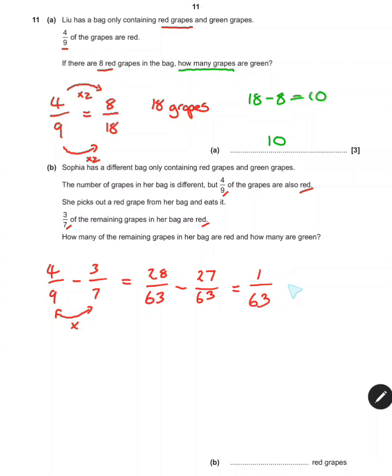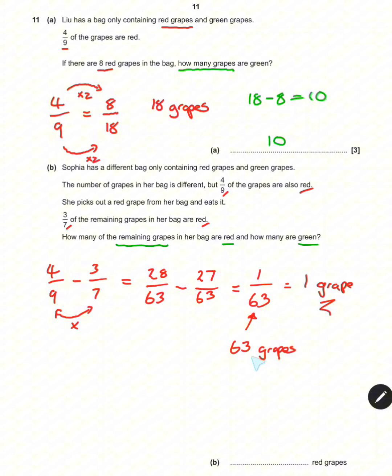That 1 63rd is the 1 grape that Sophia ate. So if 1 grape is 1 63rd, then there are 63 grapes in the bag. The question actually says how many of the remaining grapes in her bag are red and how many are green.